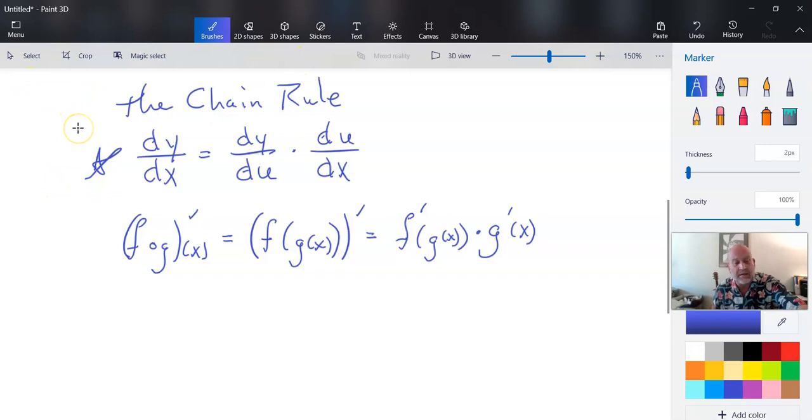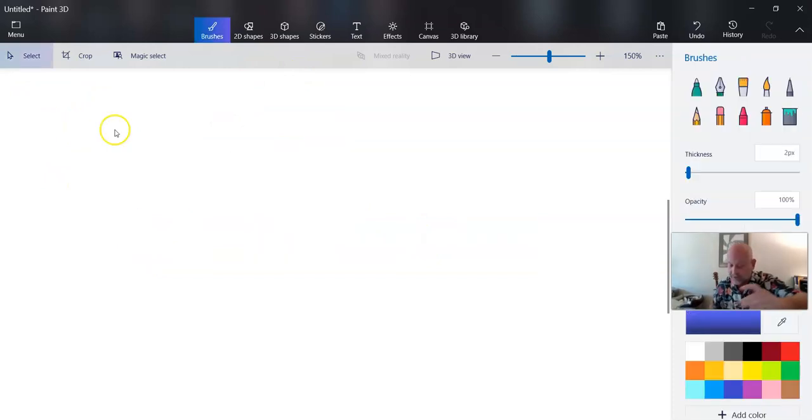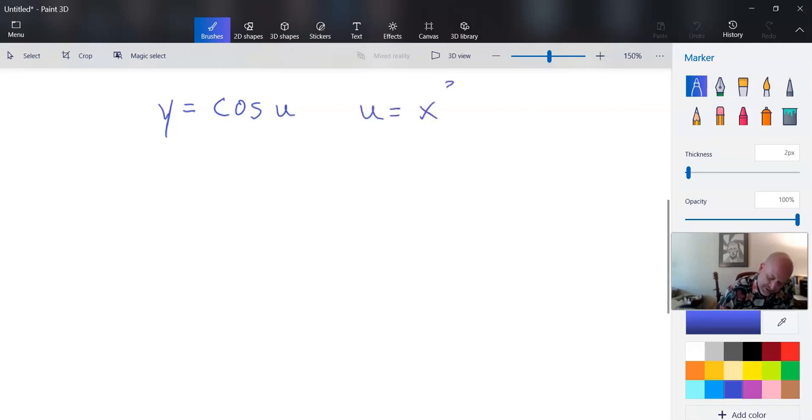Okay, so let me go ahead and clean this off, and we'll take a look at a first example here. So let's say I have a function y equal to cosine u, and I have a function u equal to x cubed.